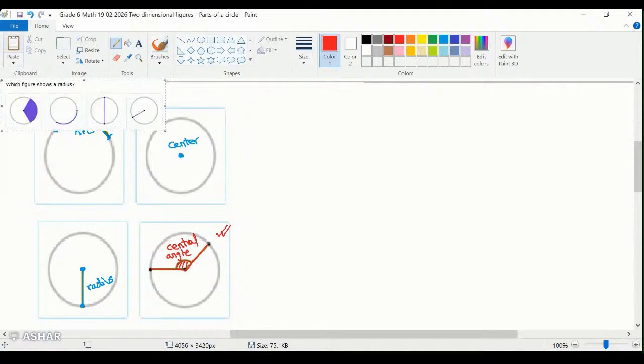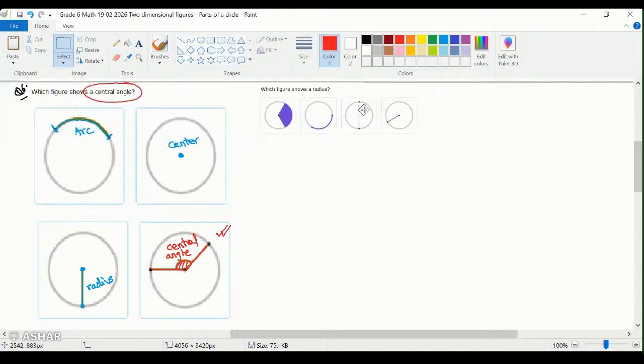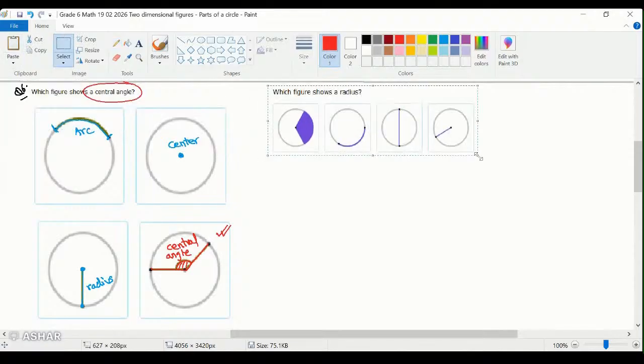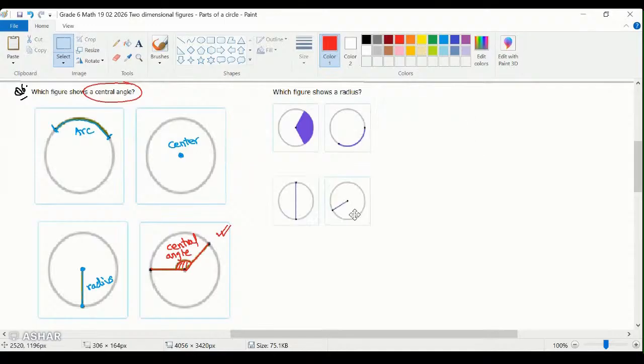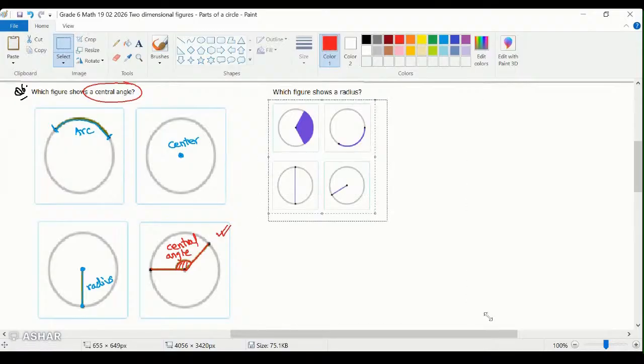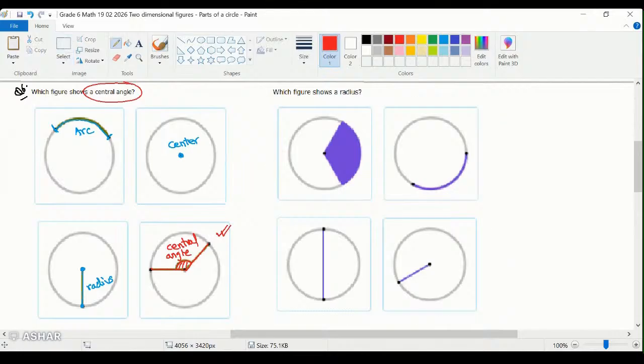For question number 7, they're asking us which shape shows the radius, such that these 4 shapes were given to us. This is question number 7. And we need to find a radius.